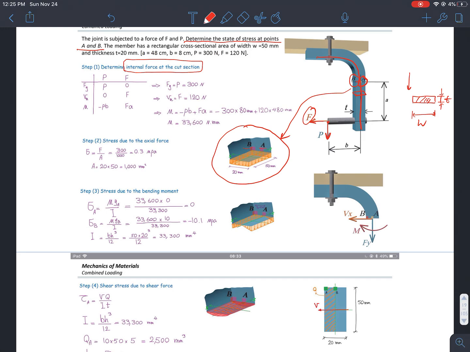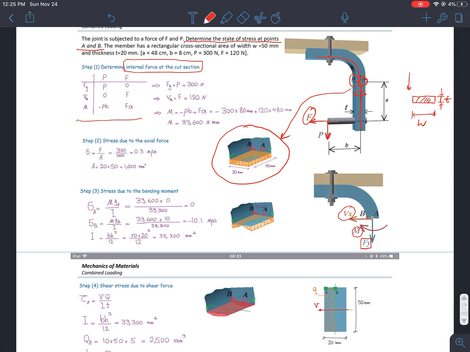Step one: a little table will go a long way, so I establish a little table here. I have the axial force, Fy. I also have the moment generated, M. I also have a shear force generated, Bx.